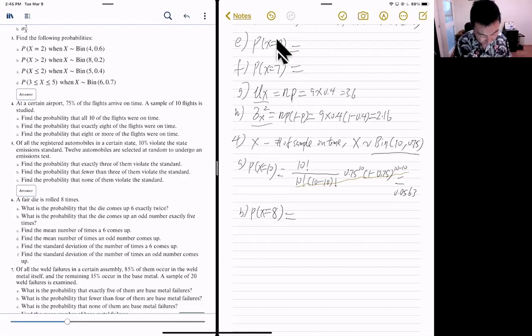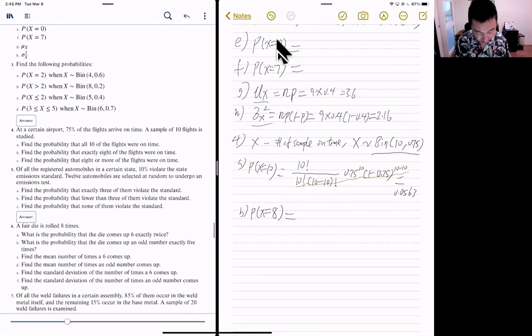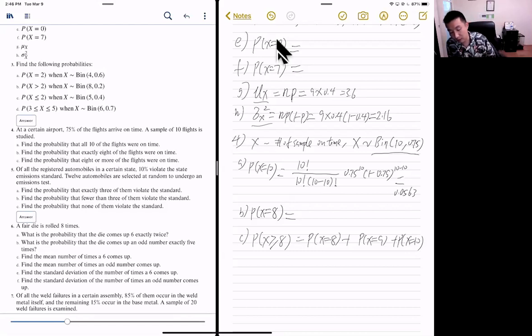Part C, find the probability that 8 or more are on time. So 8 or more is P(x) larger or equal to 8. So that is equal to P(x) equal to 8 plus 9 plus 10. 10 means all flights arrive on time.